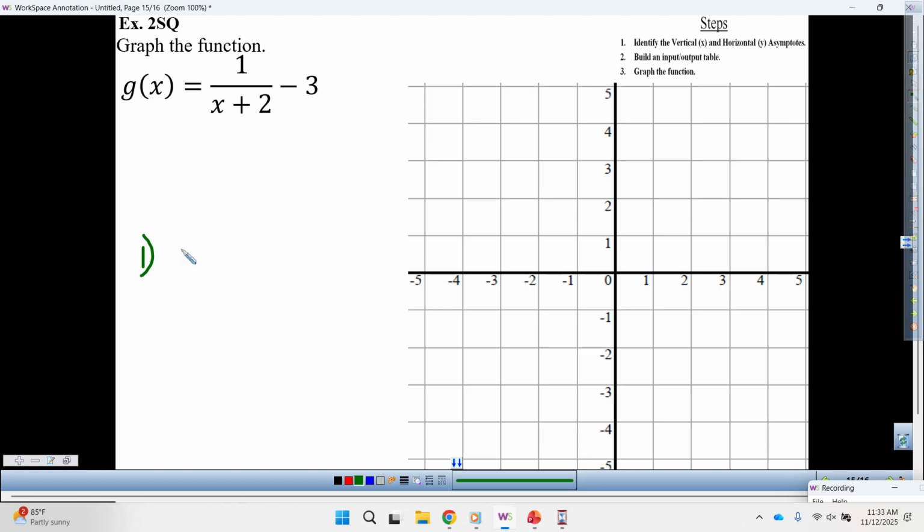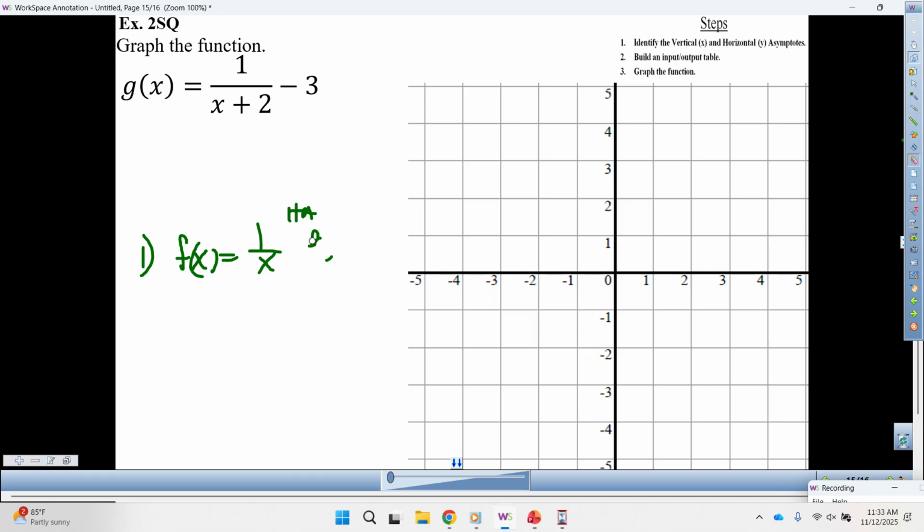Graph what? F of x equals 1 over x. So, our HA, f of x equals what, everyone? Are we getting confused? Our HA, f of x, is equal to 0.